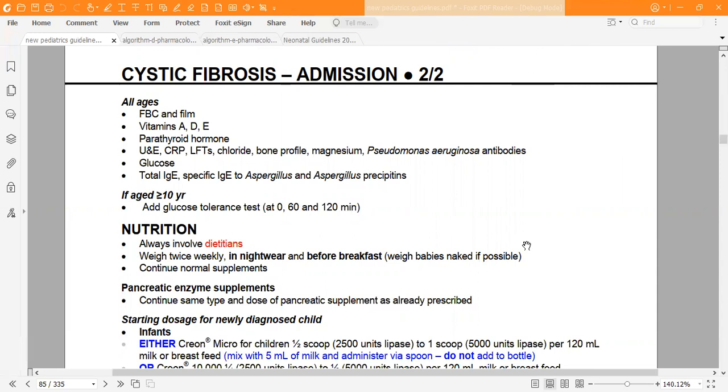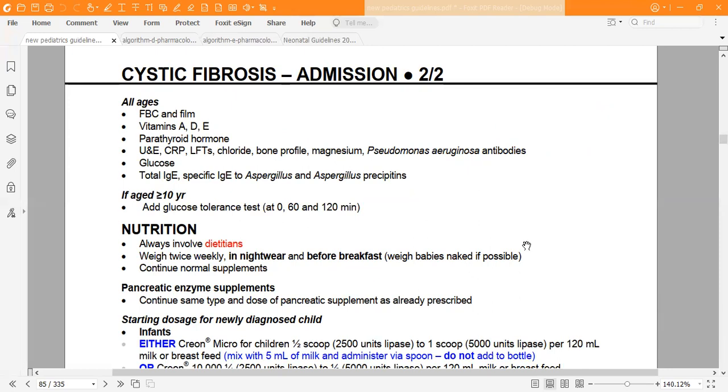For all ages, whatever the age of the patient, you will take the FBC and blood film, vitamins A, D, and E, parathyroid hormone, urea and electrolytes, CRP, LFT, chloride, bone profile, magnesium, Pseudomonas aeruginosa antibodies, glucose, total IgE, specific IgE to Aspergillus, and Aspergillus precipitins.